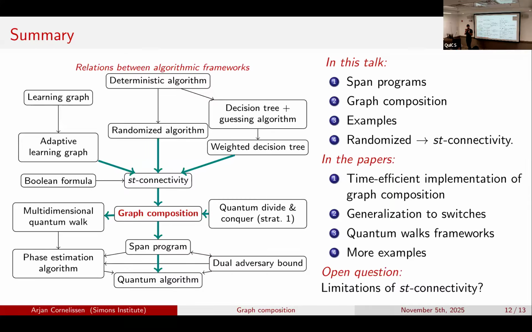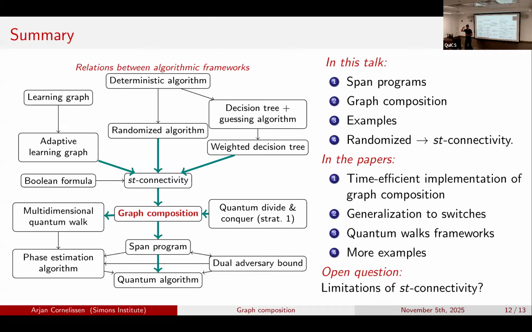For some of these partial Boolean functions, we know that quantum algorithms can do much better than randomized algorithms. I think there's this correlation problem where randomized algorithms need a polynomial number of queries, whereas quantum algorithms can do it in just one query. One thing I would like to know is whether you can find such separations between quantum algorithms and ST connectivity, or between ST connectivity and randomized algorithms.